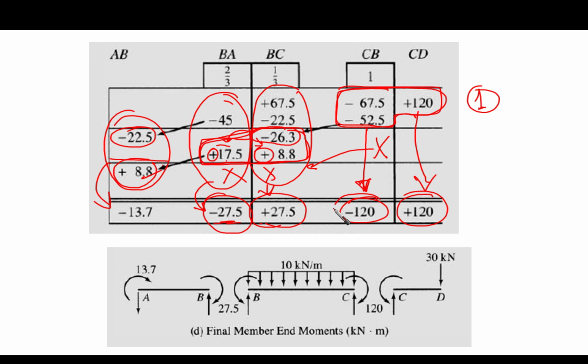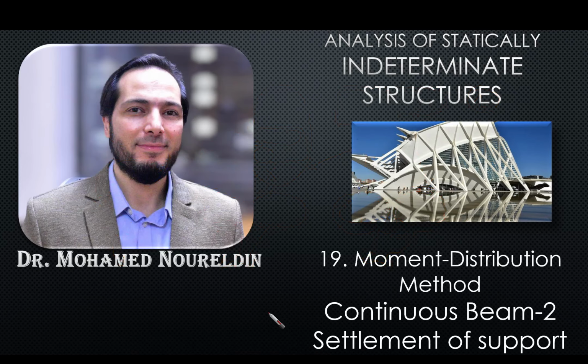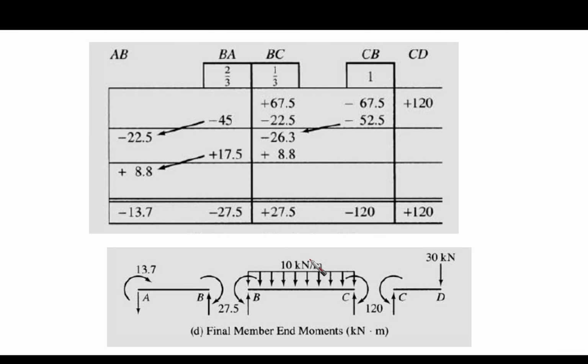So we have minus 120 here and 120 positive here, and they are balanced. Now put these moments on the free body diagram of the spans, and you can obtain the moments at the end of the spans, and then the shears and reactions. I think this is the end of our video for today.